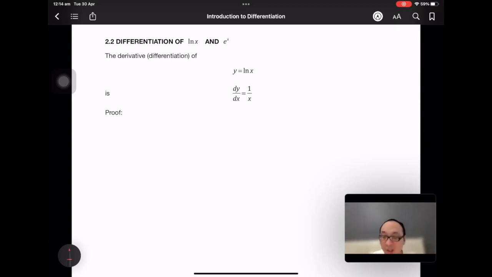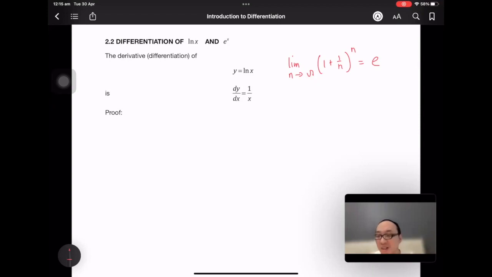We have an identity: the limit as n approaches infinity of (1 plus 1 over n) to the power of n equals a natural number called e.